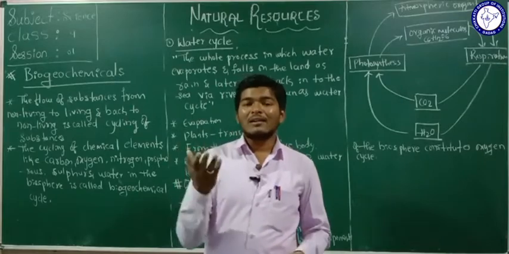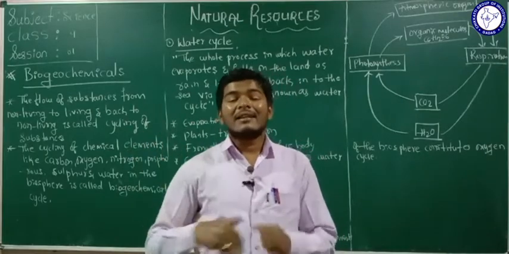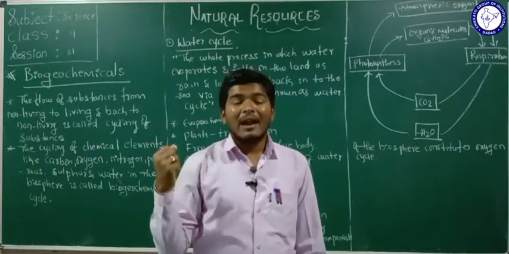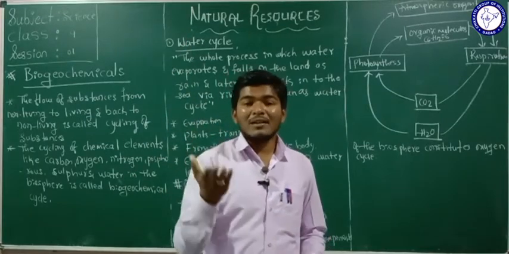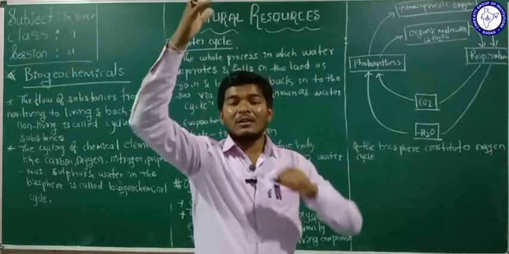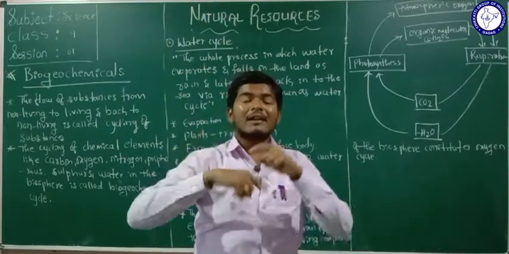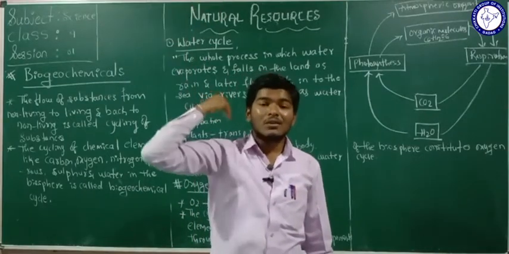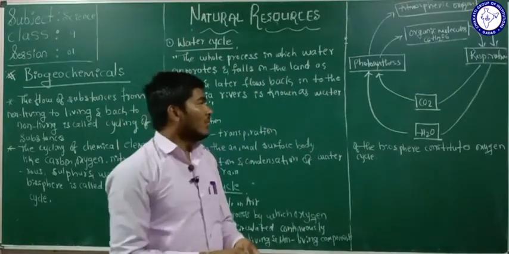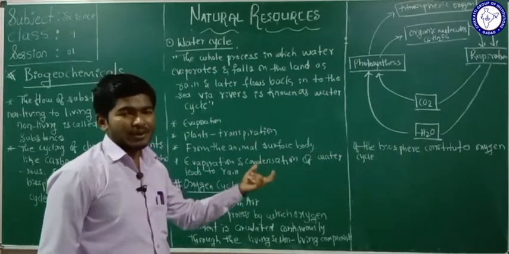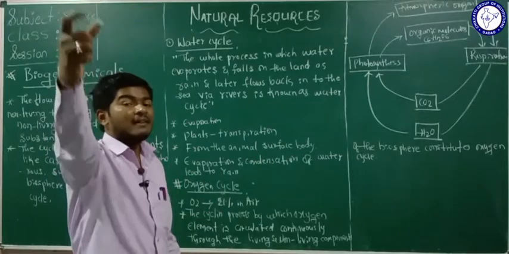The water present in the sea is evaporated due to the heat produced by sunlight, and the water vapor from the sea is converted by condensation into clouds, and clouds bring the rain.